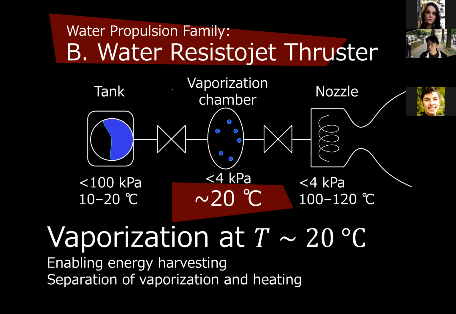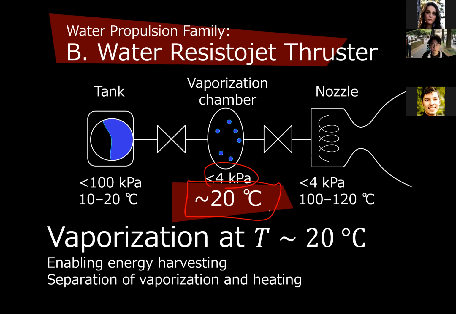But one unique point of our thruster is this room temperature evaporation of water. When you hear water vaporization, you may imagine 100 degrees Celsius. But by decreasing the pressure, you can vaporize the water at a much lower temperature. And we selected this temperature. We decrease the pressure down to 3 or 4 kilopascal, and we evaporate water at this temperature.